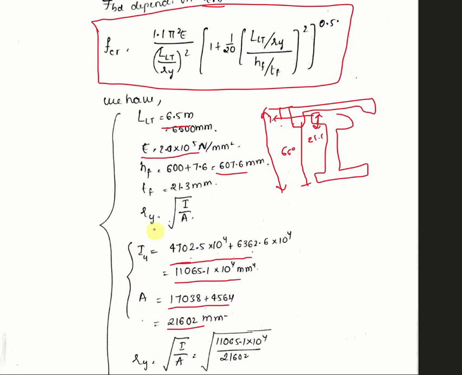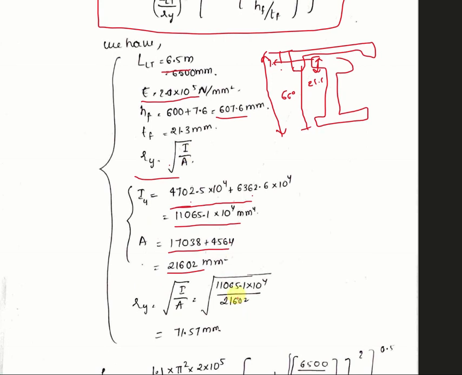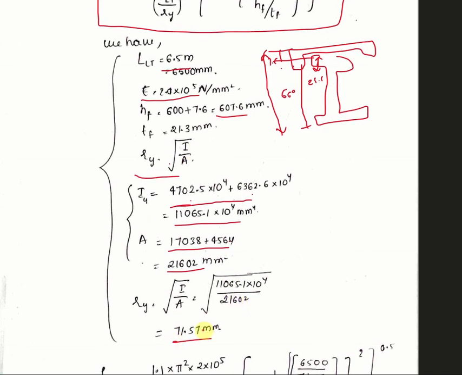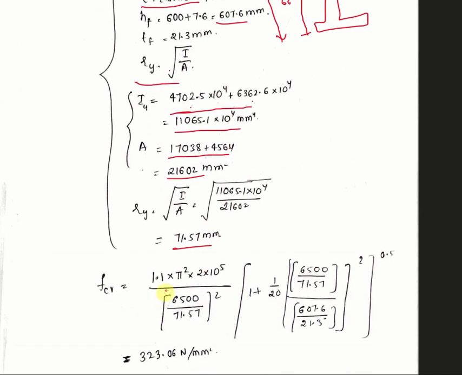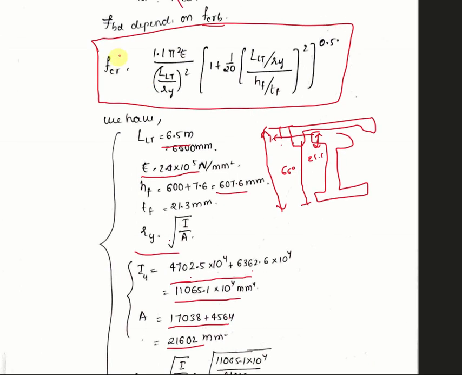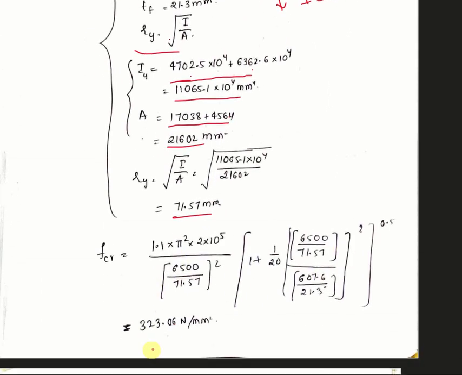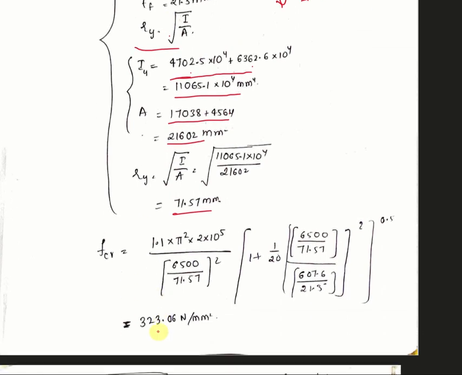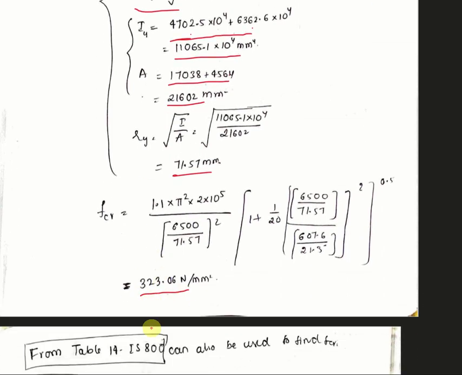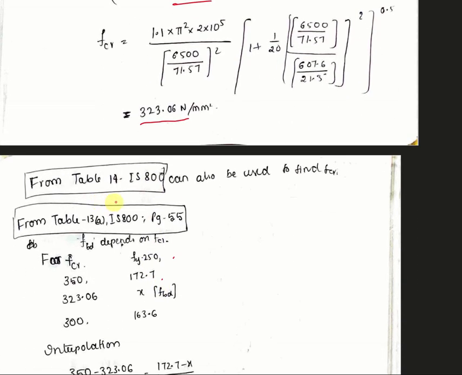So from these two we can find the radius of gyration, we just have to substitute there. 71.57. Now we can find this fcr value. So substitute all the parameters, all the parameters were written here. You get 323.06 Newton per mm square.